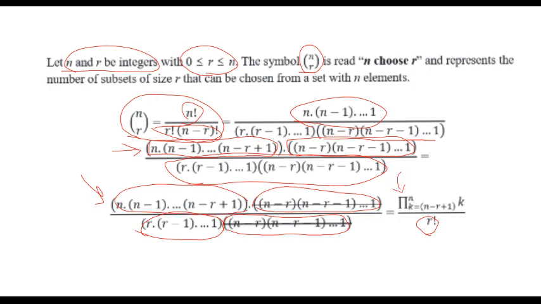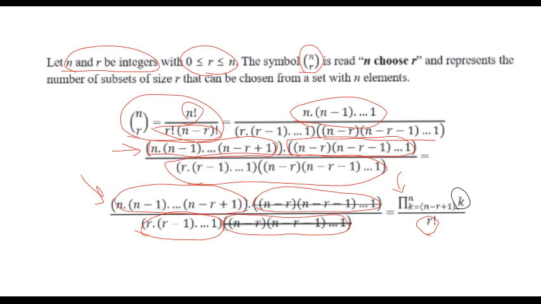So I write product of k from n minus r plus 1 all the way to n, and the sequence is k because we are just multiplying all the numbers from n minus r plus 1 all the way to n. So for the sequence, we just need to write k. That's the explicit formula for the product of the numerator that we obtained.